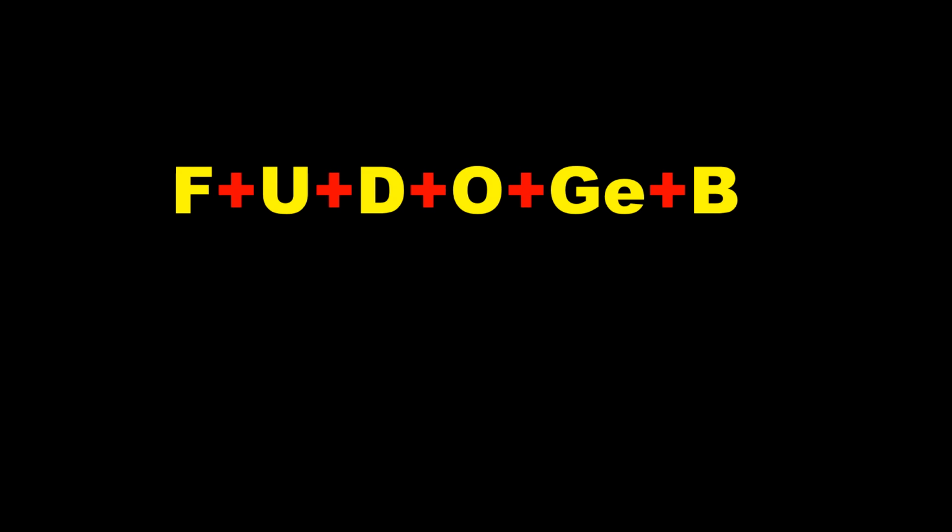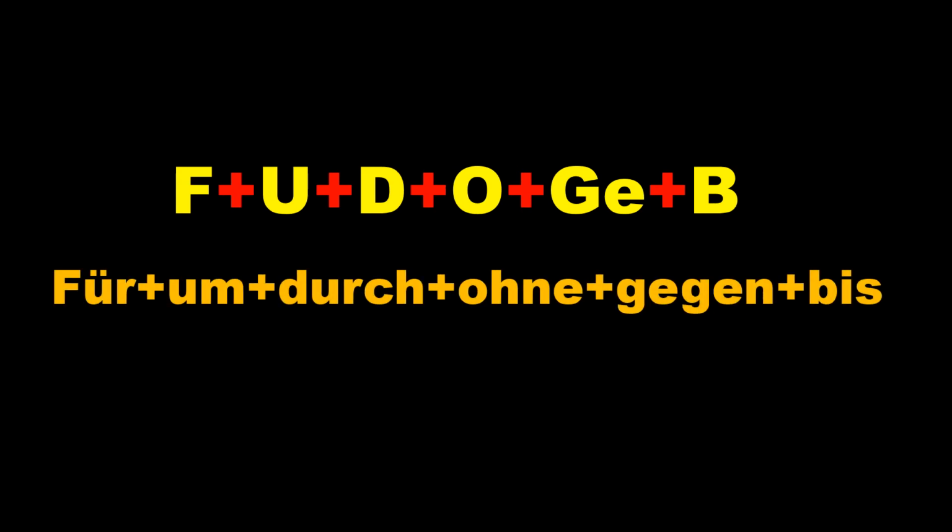Now I am going to give you a trick to learn these prepositions, and how to remember the prepositions specifically belonging to the accusative category. Here I have made one short form: F U D O G E B. F stands for für, D stands for durch, O stands for ohne, GE stands for gegen, and B stands for bis.